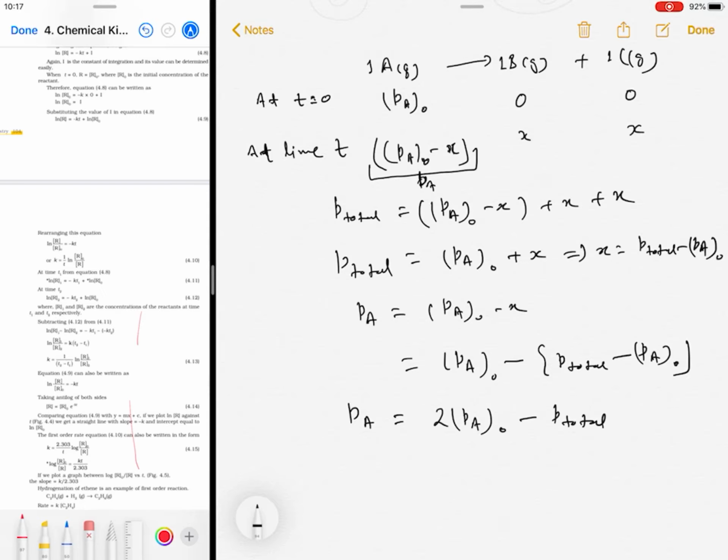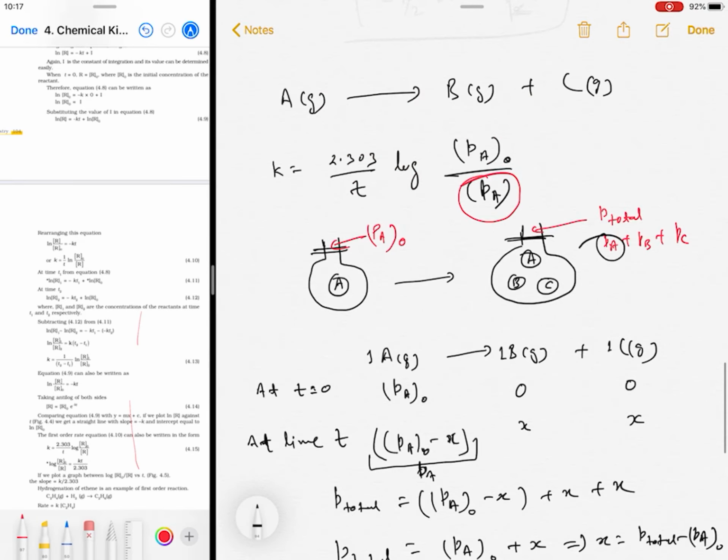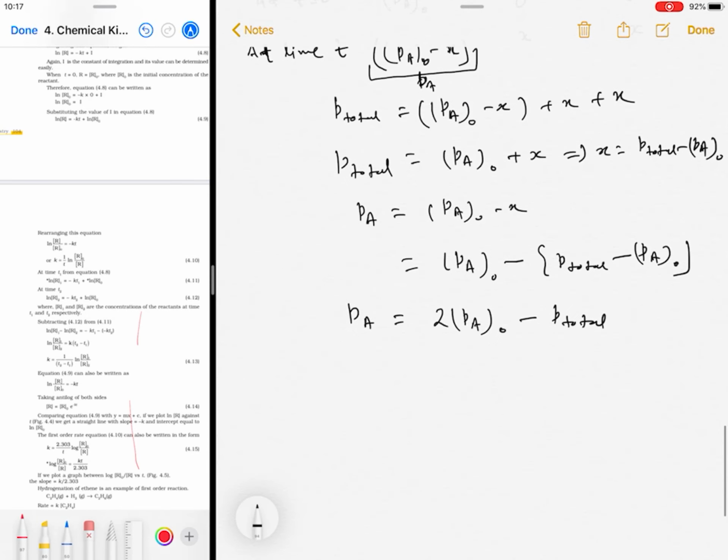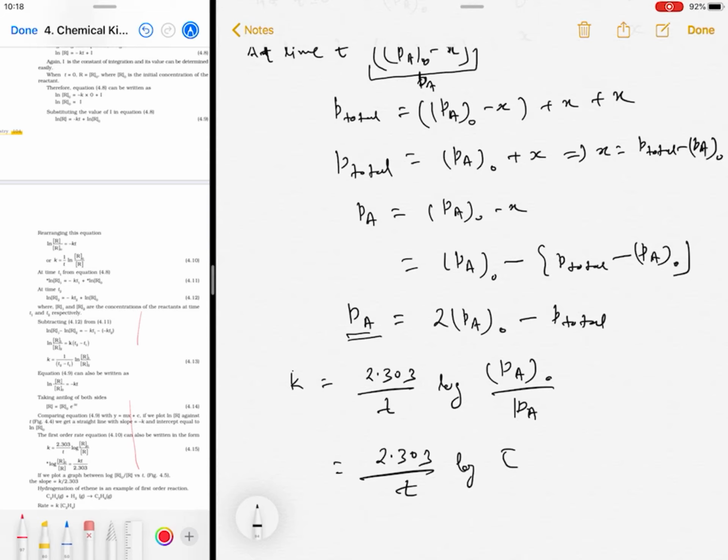These two things we can measure. PA naught is measurable, P total is measurable. So now we will get the value of PA, and we can write the integrated rate equation. k is equal to 2.303 upon t log of PA naught upon PA, and it will be equal to 2.303 upon t log of PA naught upon the value of PA, which is twice of PA naught minus P total.